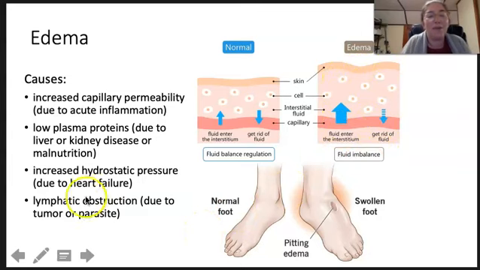And then also if you have some disease that causes lymphatic obstruction, if there's a tumor in the lymphatic system, or there are some parasites that actually cause blockages of the lymphatic system, then that extra fluid can't be drained through the lymphatics, and it can also lead to edema. So there's lots of different underlying causes of edema, but essentially anytime you have edema or swelling, it's because of this imbalance of fluid regulation.